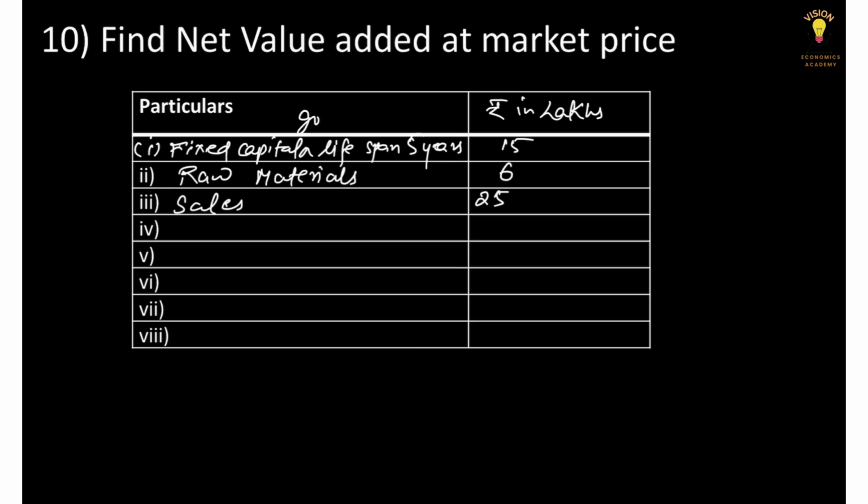Fixed capital good with lifespan of 5 years. Sales is 25. Net change in stock is minus 2. Then we have taxes on production, which is 1. So these are the values, and what we need to find is net value added at market price.